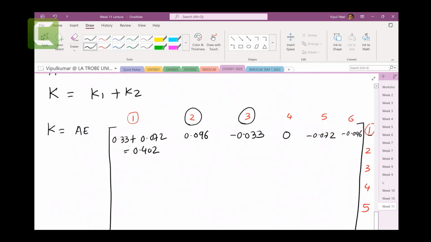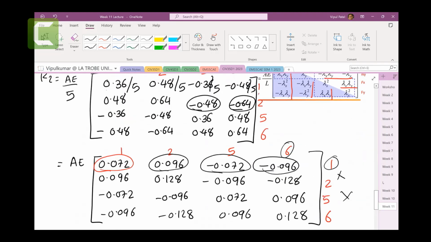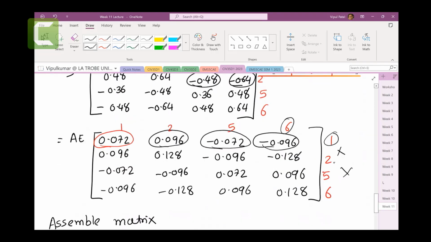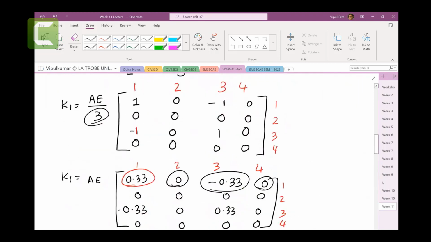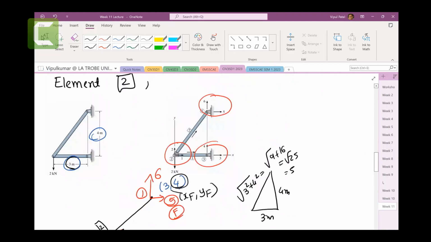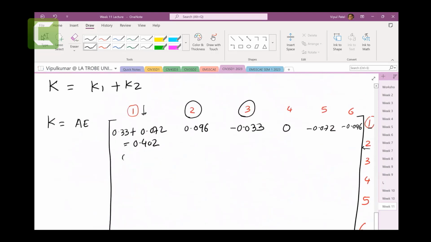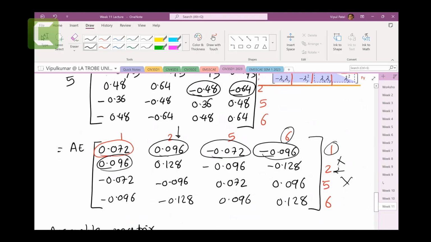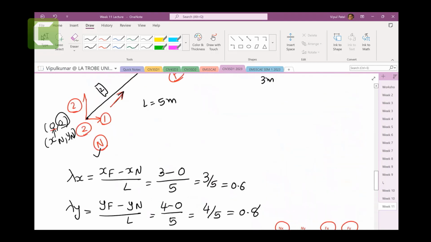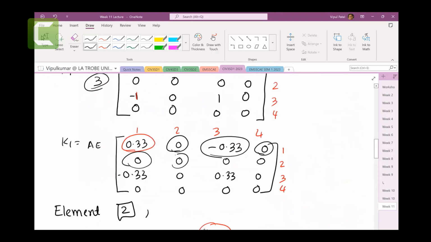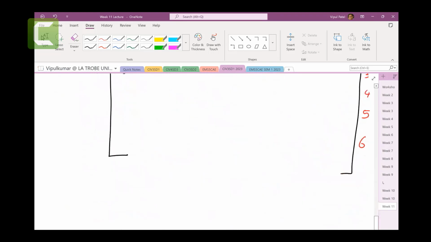I hope you understand the drill now. Row 2, column 1: 0.096 and 0, so that is 0.096. Column 2, row 2: there you go, 0.128, and there are 0s here, so 0.128.